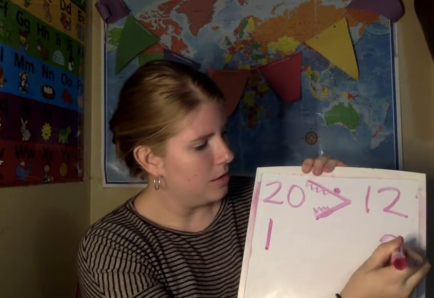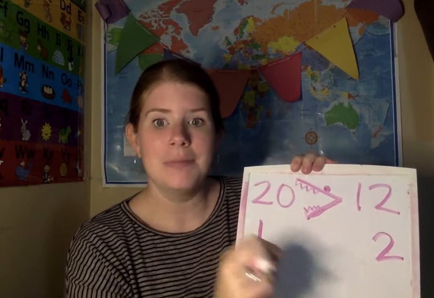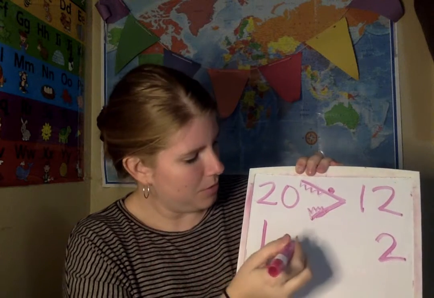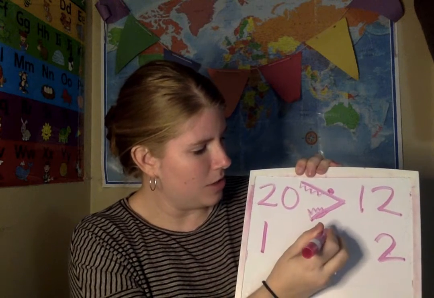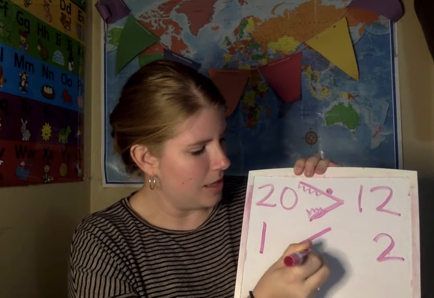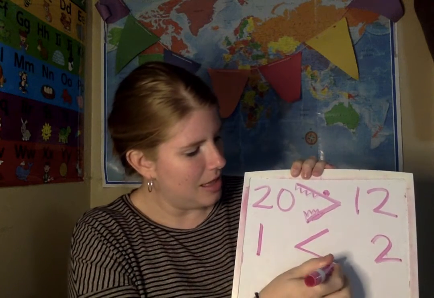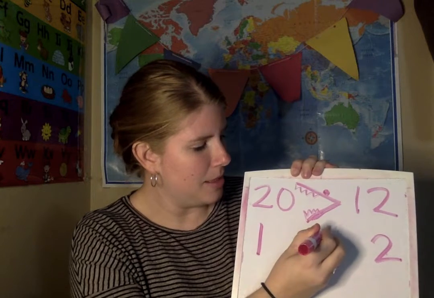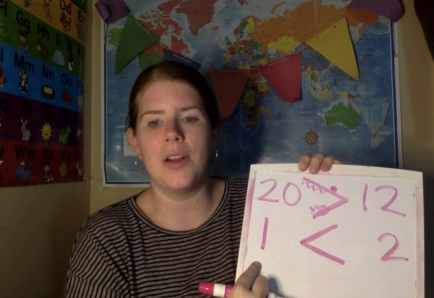All right, so then here is our second one. 1 and 2. Remember, 1 is less than 2. So our less than symbol is a little switched. Look at this. This is our less than. It goes the opposite way. Less than means smaller, so the small point goes towards the smaller number.